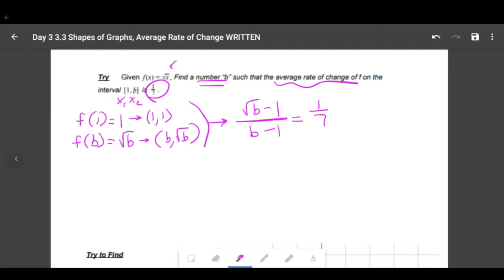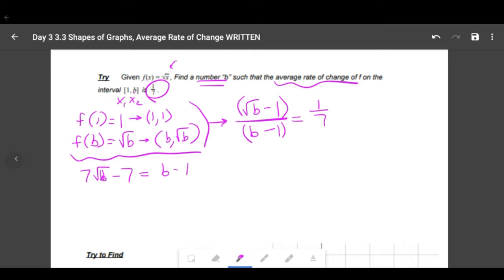Everyone's favorite, cross multiply. Make sure you do the entire quantity times 7, the entire quantity times 1. So if I take 7 times the quantity, make sure you distribute, square root of b still on the inside, minus 7. Distribute the 1, I'm going to have b minus 1.